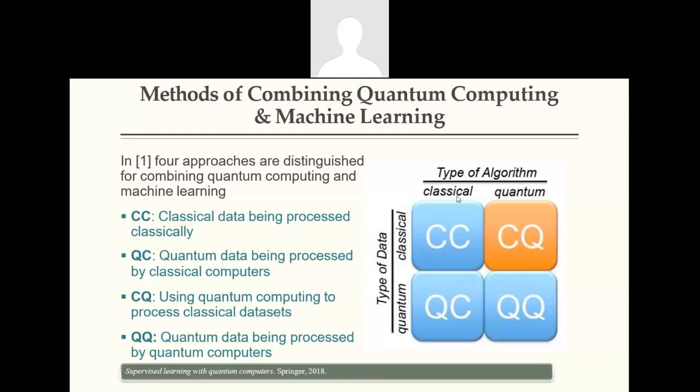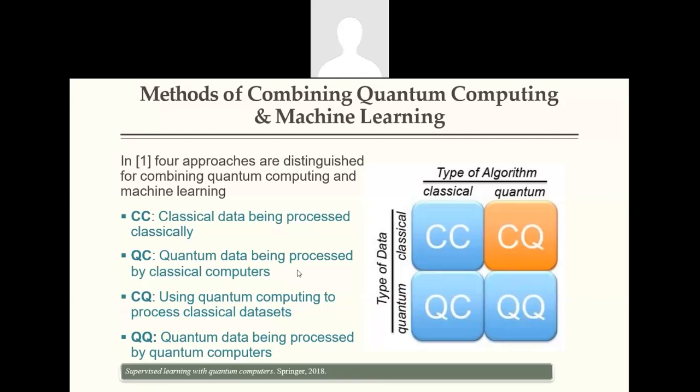Data CC. Data is classical and algorithm is classical. Then similarly, data is classical and algorithm is quantum. Similarly, the data will be quantum and the algorithm will be classical. Then here we will have quantum data and quantum algorithm.